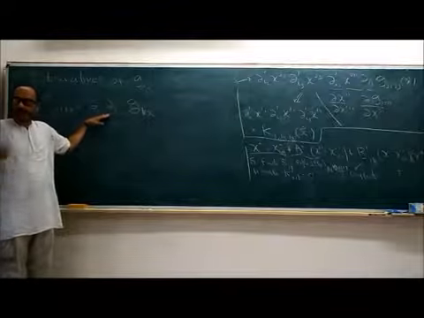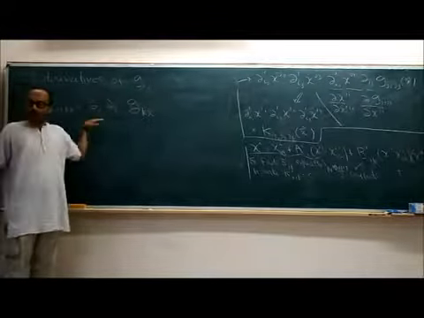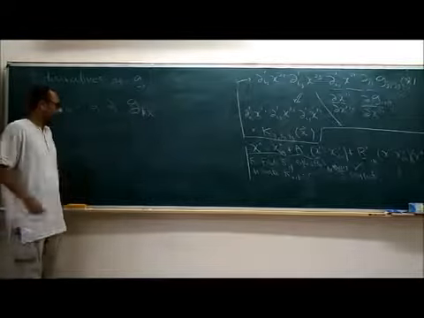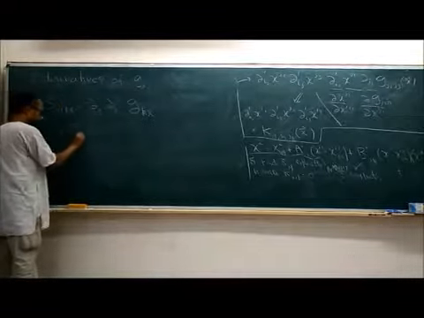Then you can repeat it for every point x naught. So you just count: how many parameters does it have? How many independent components will this have at x naught? For del I j, it is n into n plus 1.